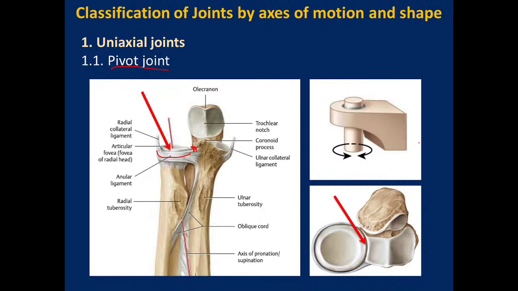It is the scheme or diagram of such pivot joints, and an example of pivot joints is the radioulnar joint, which enables the palms to turn anteriorly and posteriorly as the head of the radius pivots around its long axis in the radial notch of the ulna.